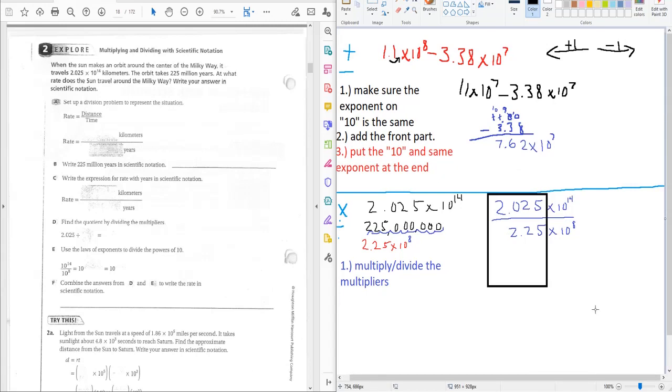By the way, feel free to use a calculator for these. I'm more concerned with your ability to remember the steps for this than I'm concerned for your calculations. So 2.025 divided by 2.25 comes out to 0.9.